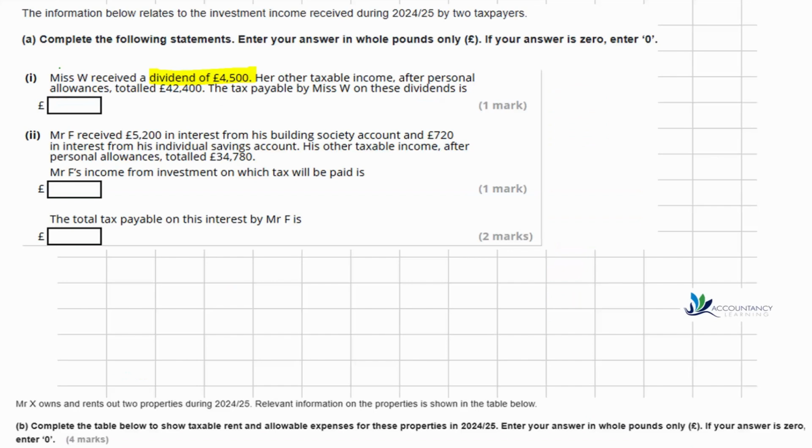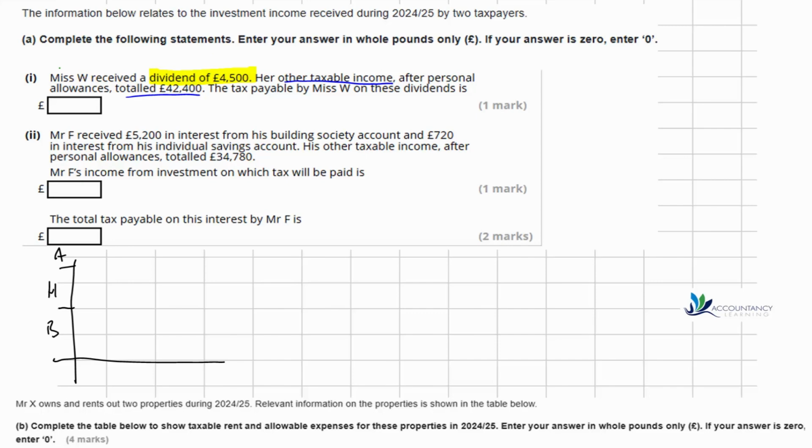The way we're going to do this is to remember that all the various types of income stack on top of each other. So we have our basic rate band and our higher rate band, and then above that we have our additional rate band. We're going to start off with our general income. It tells us that her other taxable income after personal allowance totals 42,400.